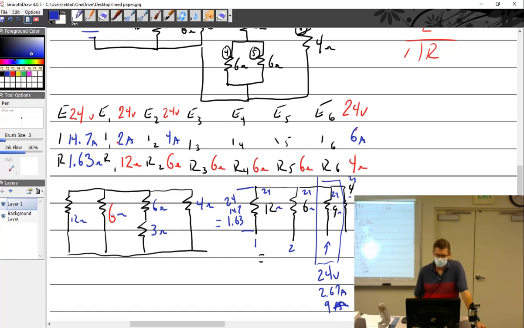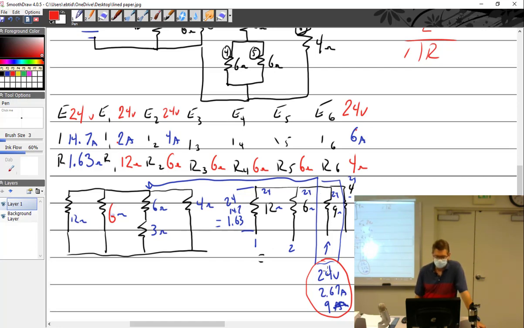Okay. Now that has to work its way into this circuit. All right. And what do we know about series circuits? What stays the same? Current. Okay. So this right here is my total going into this circuit right here. So, do I have it right?